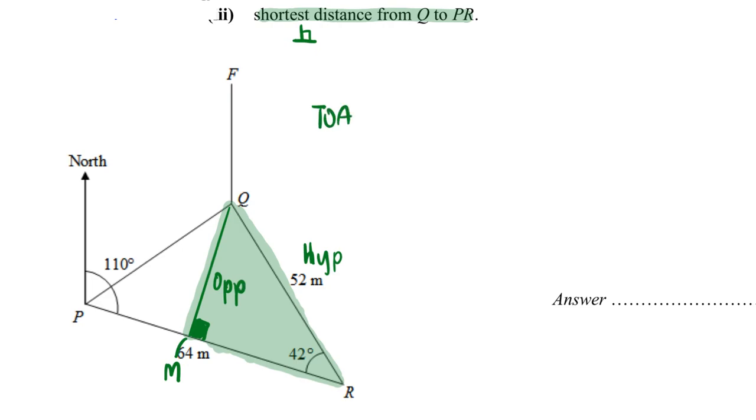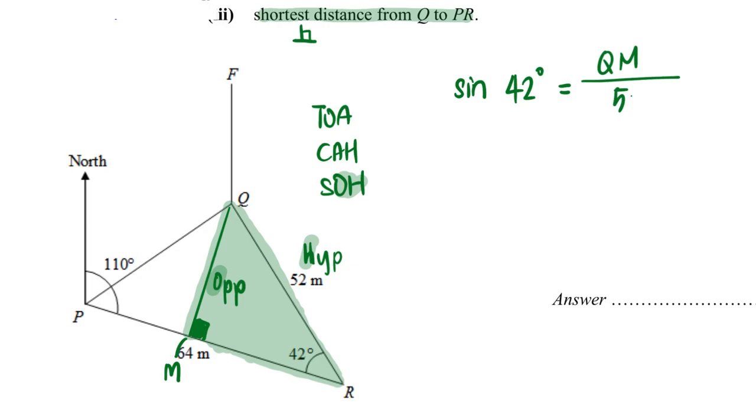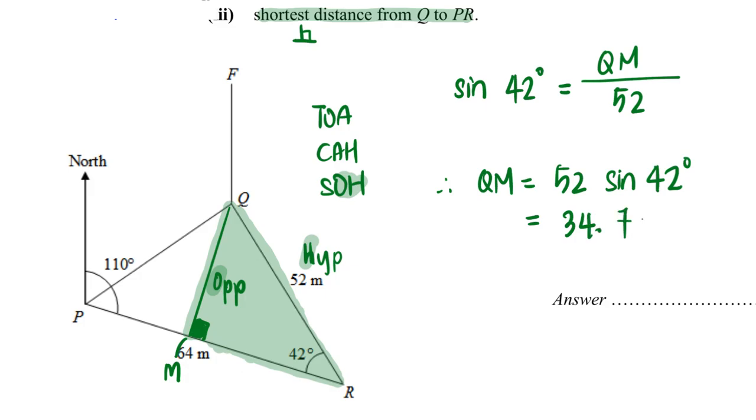So given SOH CAH TOA, O and H, you will then see Mr. Tan applying sine of 42 degrees is equal to opposite over hypotenuse. So all I have to do is to multiply 52 on both sides in order for me to get this shortest distance. This will then give me 34.7948, 34.8 meters to 3 SF.